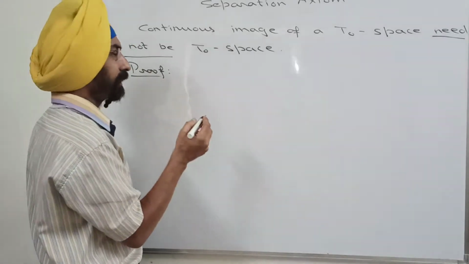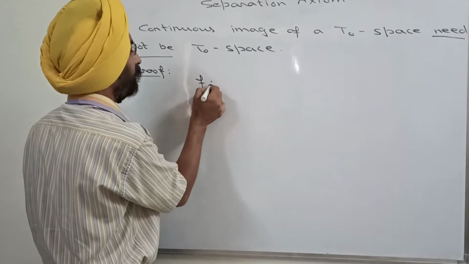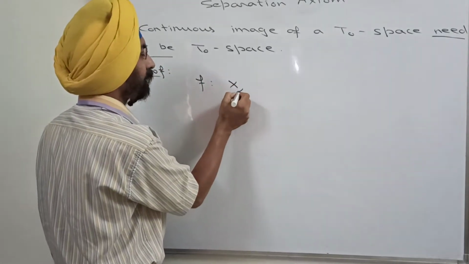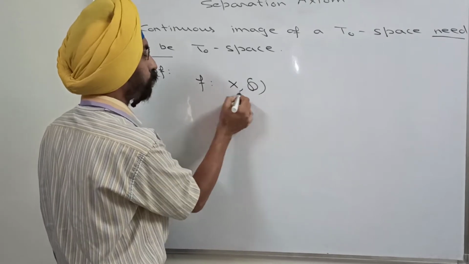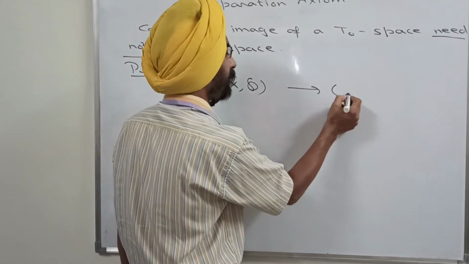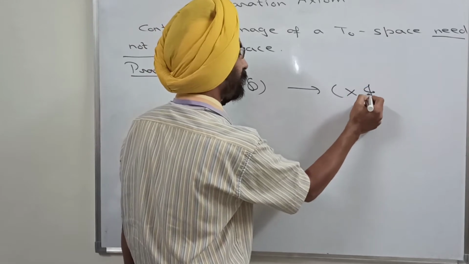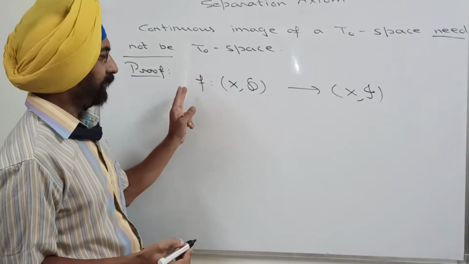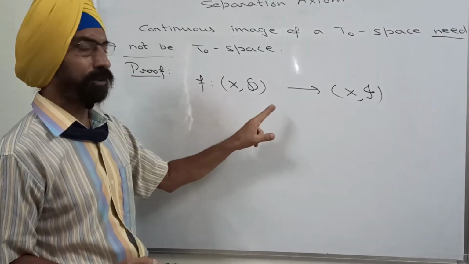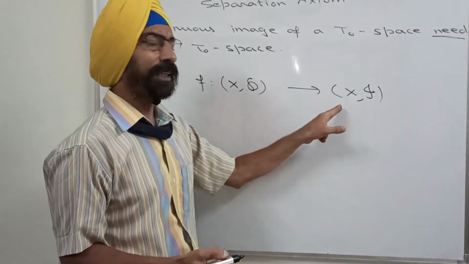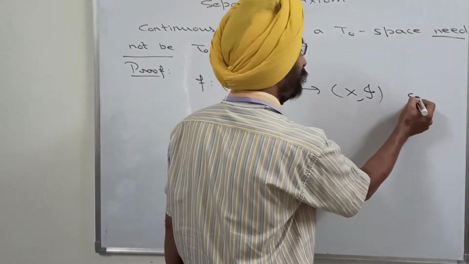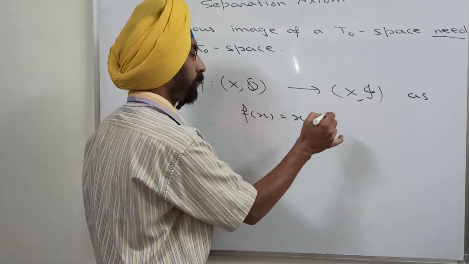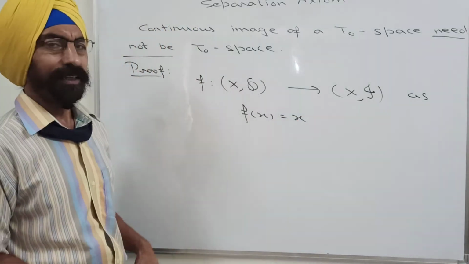I am defining a function f from X with discrete topology to X with indiscrete topology, where X can be any set, and we define f of x is equal to x. This is our function.